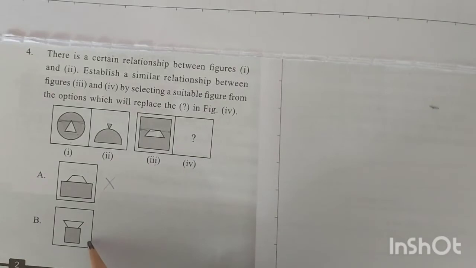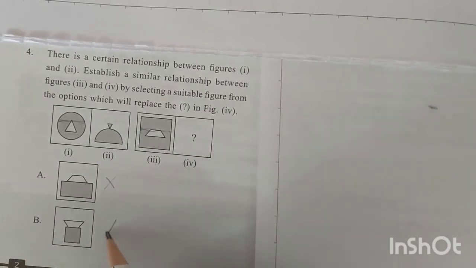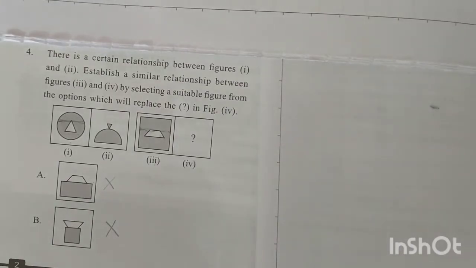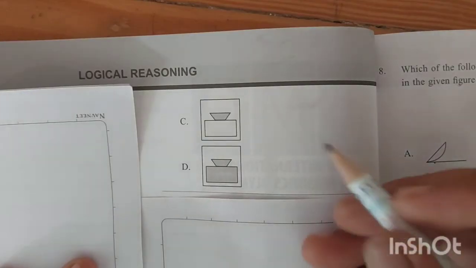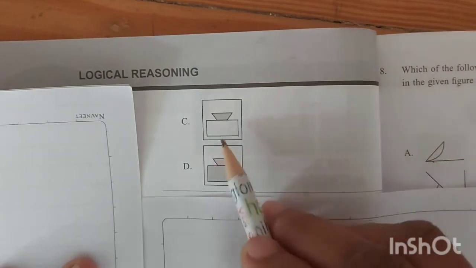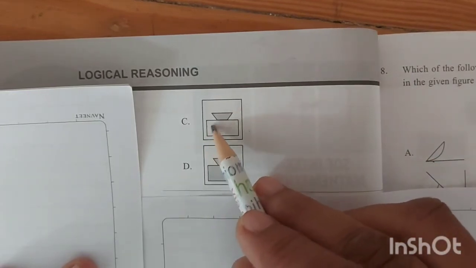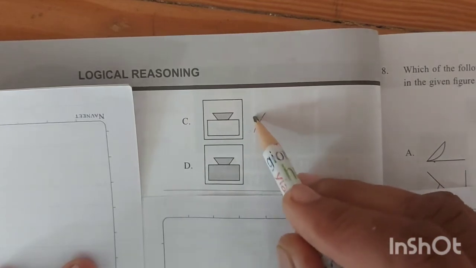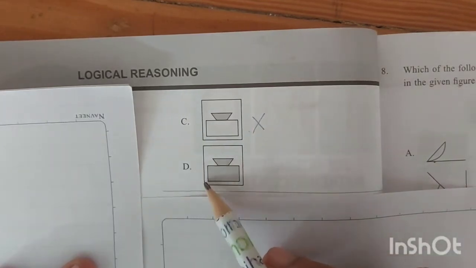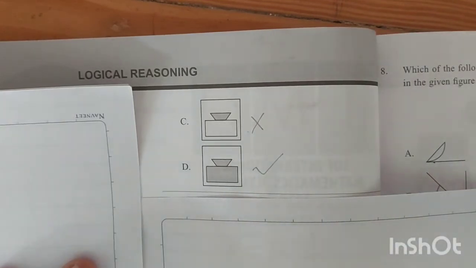Okay, here this is a square part, so this becomes wrong. When you see this part, this is a rectangle and above that trapezium is there, but this is not darkened. So this is also wrong, and here you can see rectangle with a trapezium above and both are darkened. That is D is the correct option. Fine.